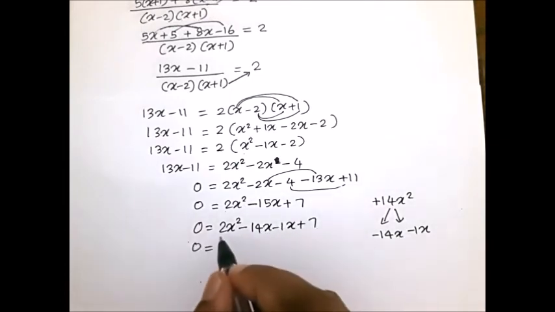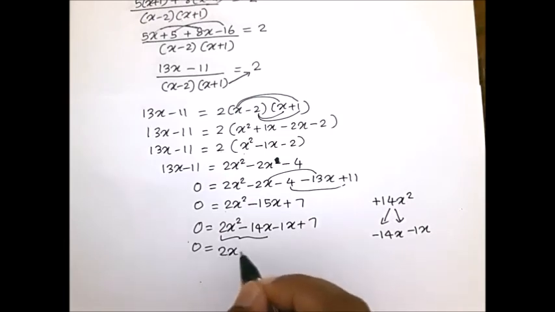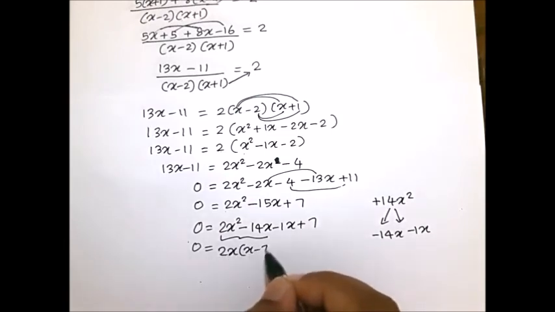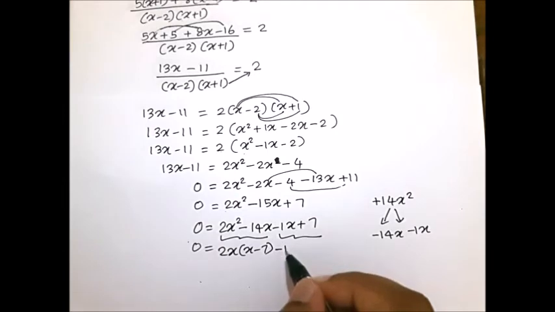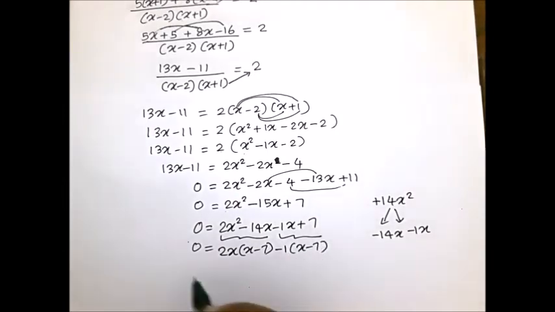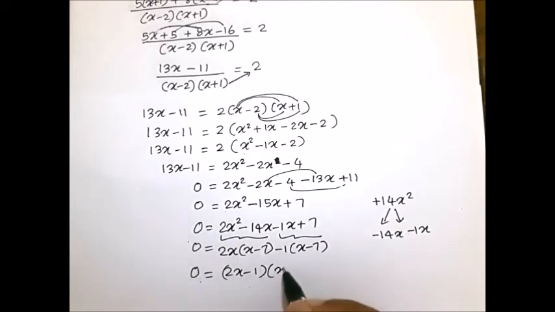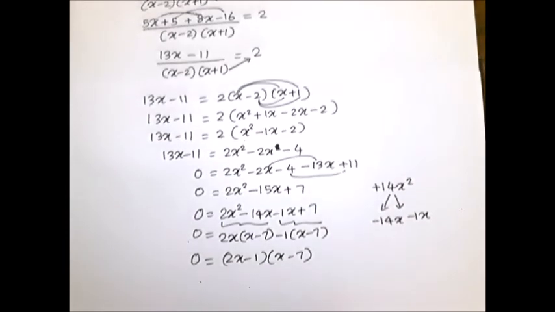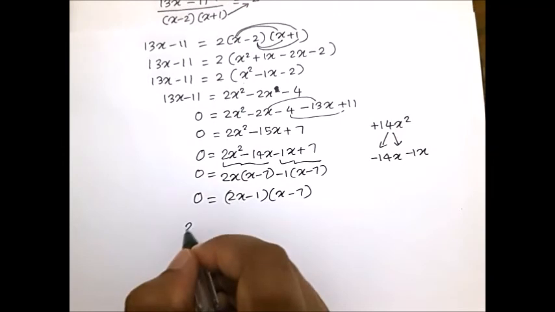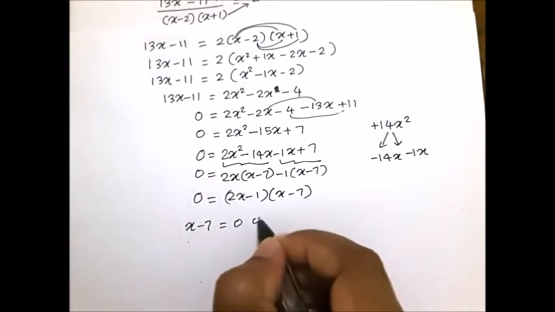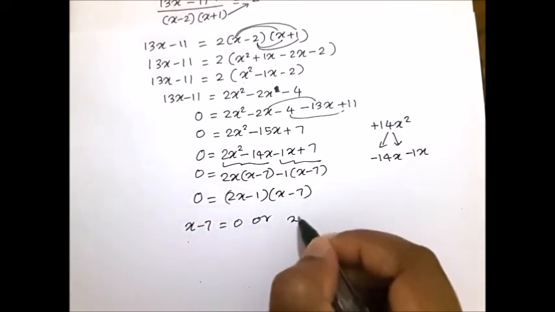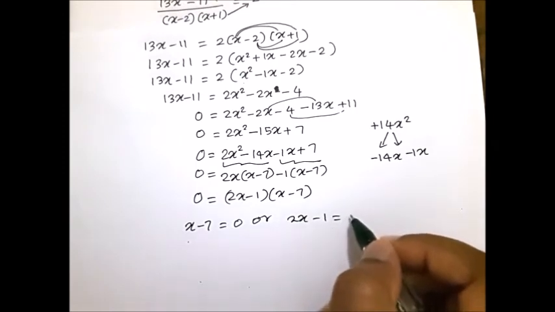Then take common terms. Here the common term is 2x, leaving x minus 7. Here the common term is minus 1, leaving x minus 7. Factors are 2x minus 1 and x minus 7. Now you can write x minus 7 equals 0 or 2x minus 1 equals 0.